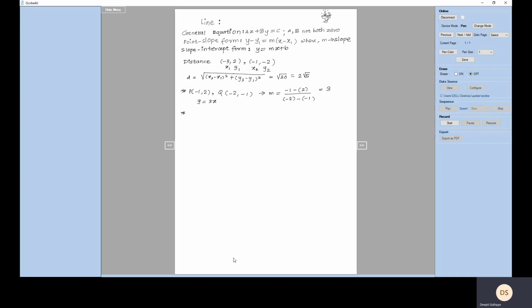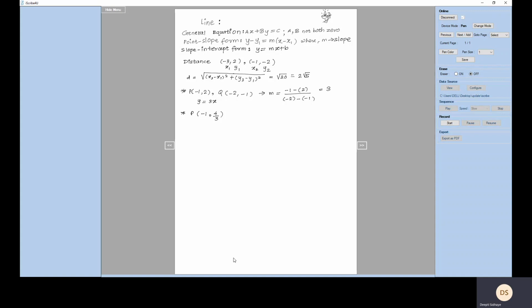Now imagine that you have been given a point, say P, namely (-1, 4/3), and you have to determine the equations of the vertical line and horizontal line through this given point.